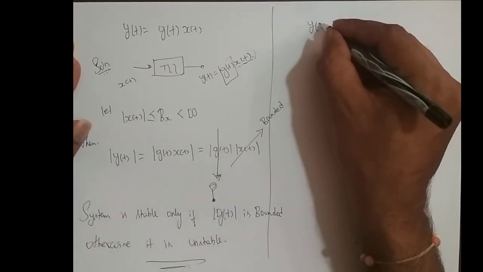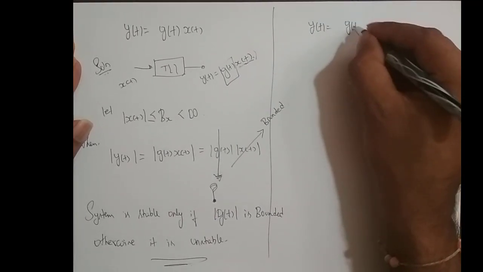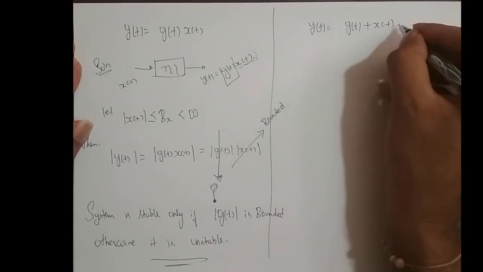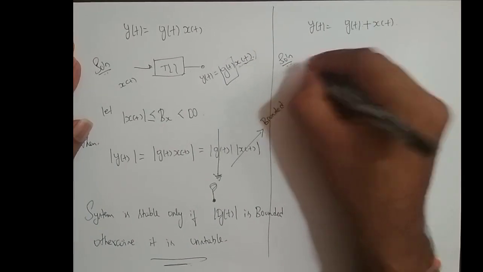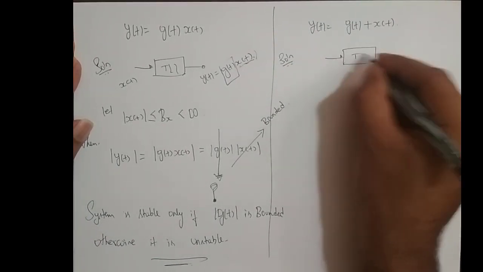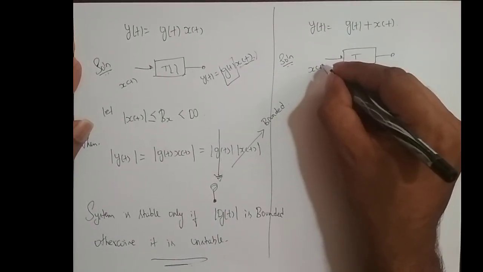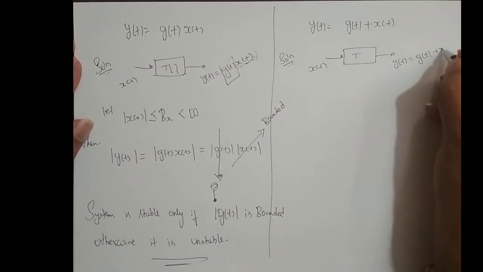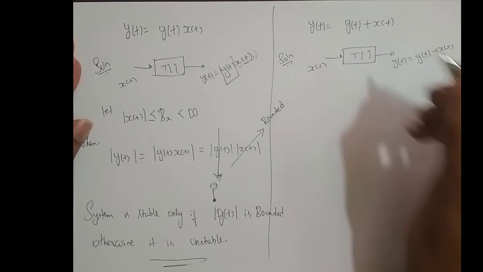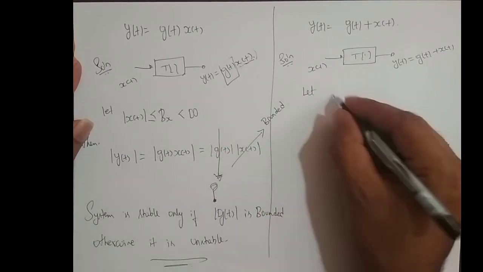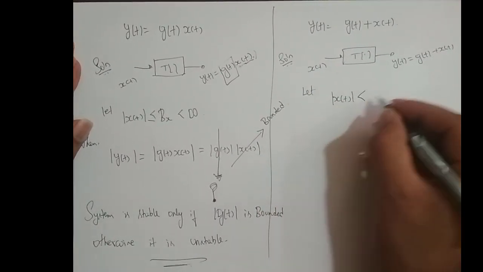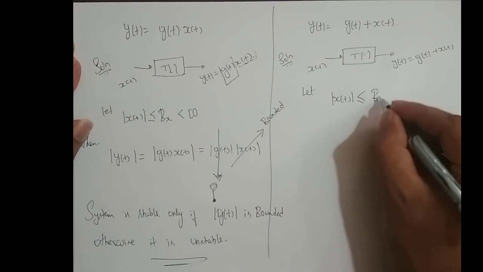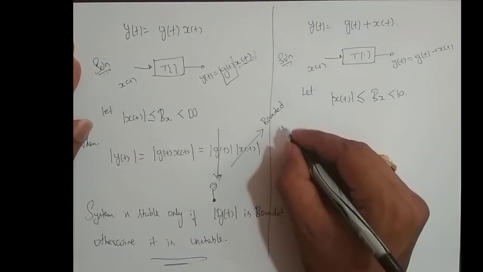Fine. Take up one more. Y of t is equal to g of t plus x of t. So solution, the input I am feeding to the system is x of t and output is y of t, and what is y of t? G of t plus x of t. Okay, so let magnitude of x of t is less than or equal to bx, which is less than infinity.